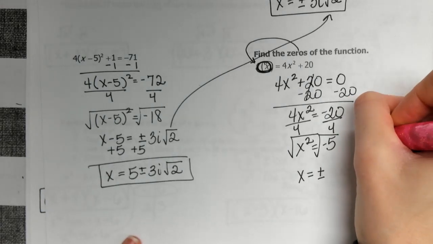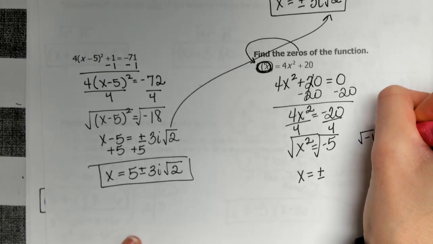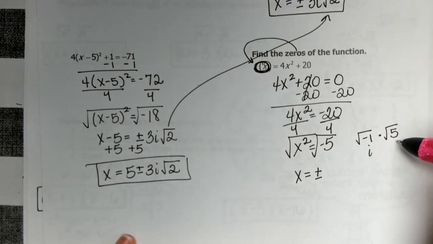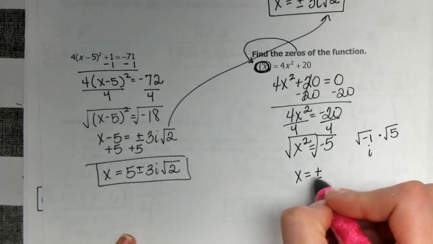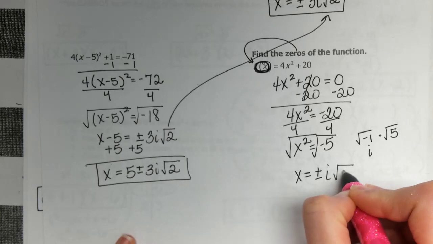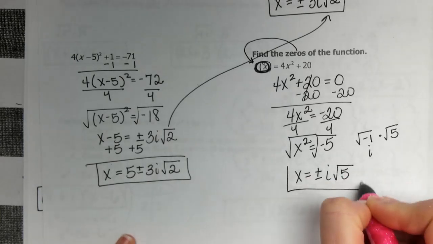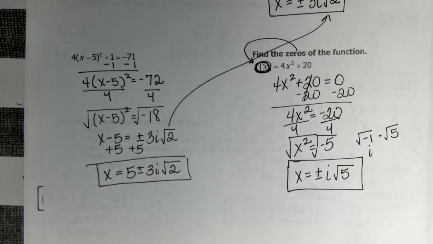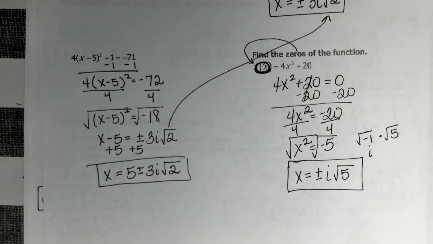I got the square root of negative 1 times the square root of 5. We know square root of negative 1 is i. Square root of 5 can't simplify. So it's x equals plus or minus i square root of 5. The i goes before the radical always. Okay?